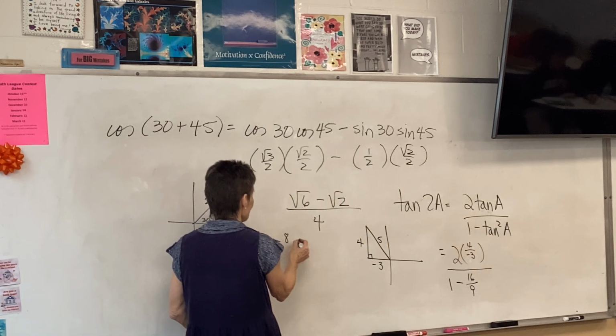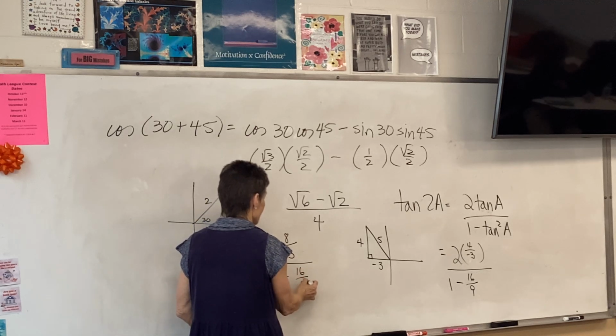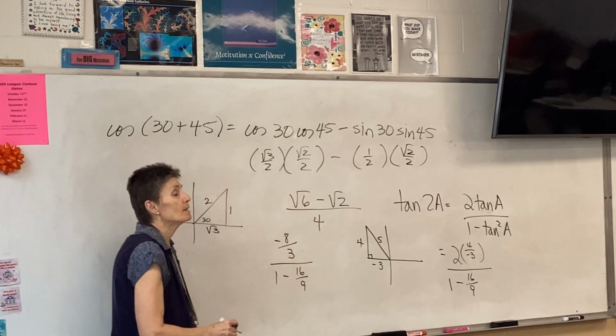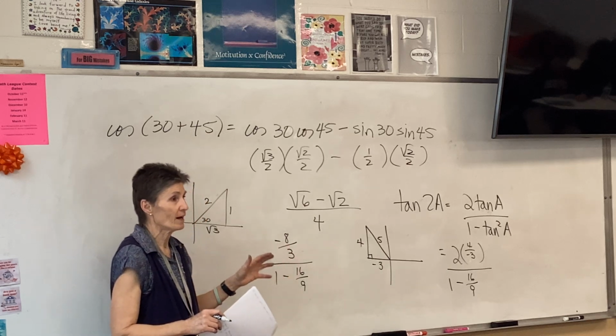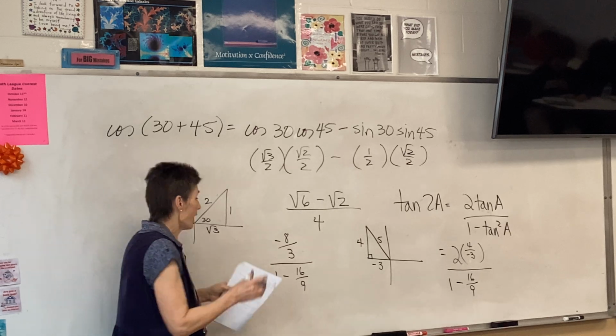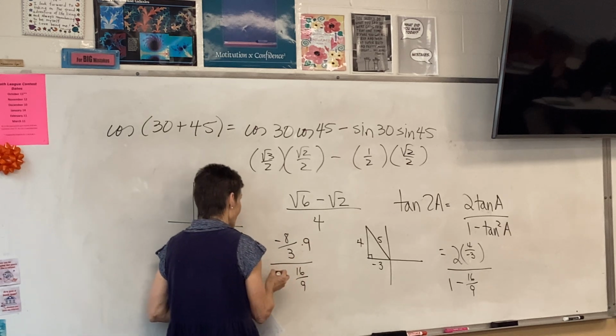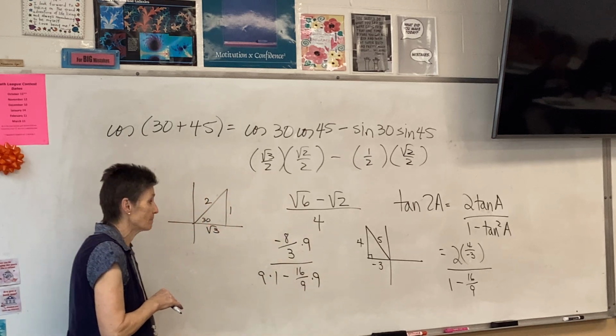So I have negative 8/3 over 1 minus 16/9. At this point, I couldn't care less how you simplify. There are different ways to do it. You have to do it the way you can do it. I'm gonna multiply everything by 9, because then I don't have any more fractions.